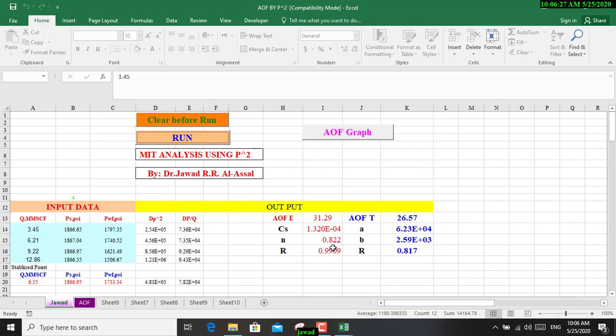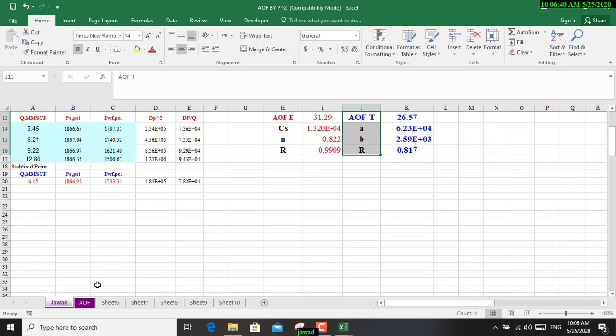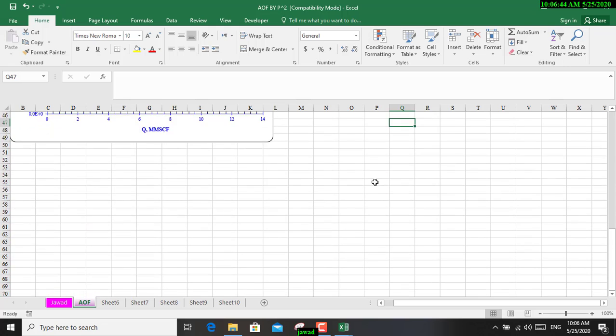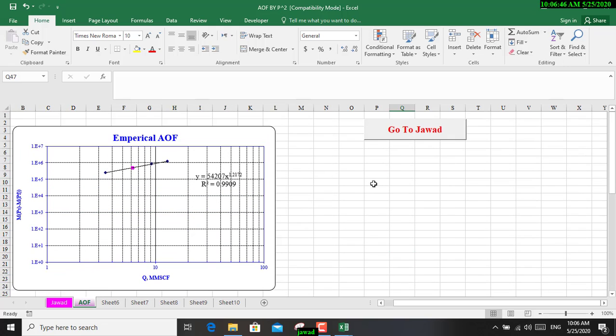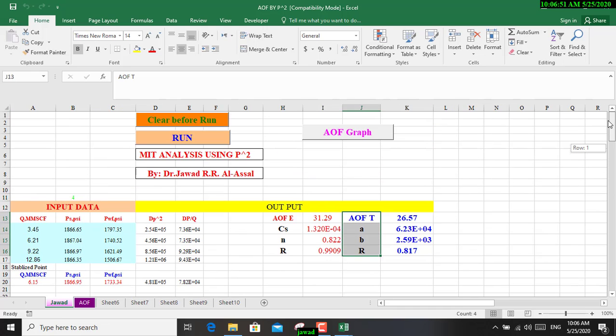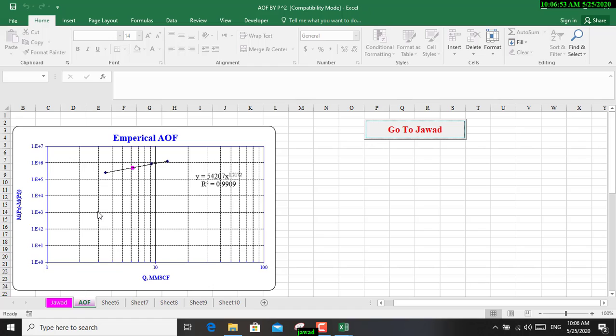Look, this is the theoretical, another example, I'm sorry, empirical and theoretical. I can see the open flow. This is the graph. You can really see the graph.